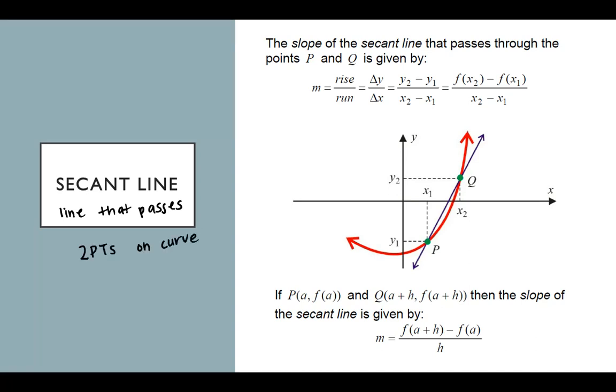For the slope of a secant line, in this case, we're given point Q, which is x2, y2, and point P, which is x1, y1. These 2 points are on the curve, and we call that a secant line. To find the slope, it's exactly the same thing, rise over run.